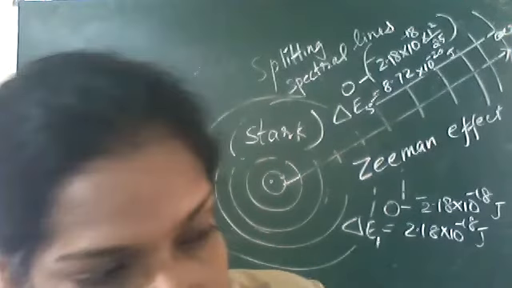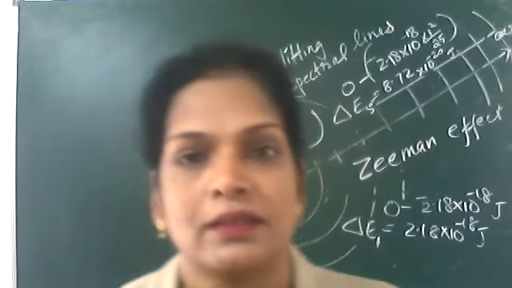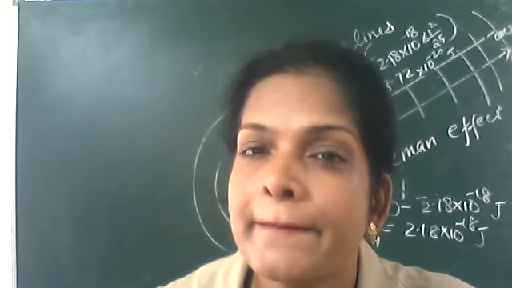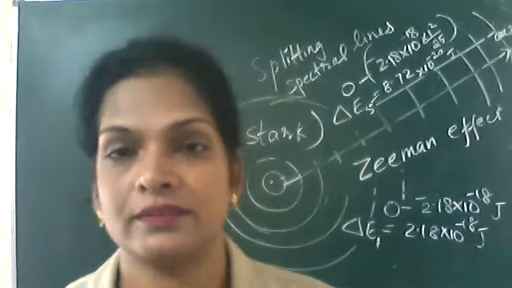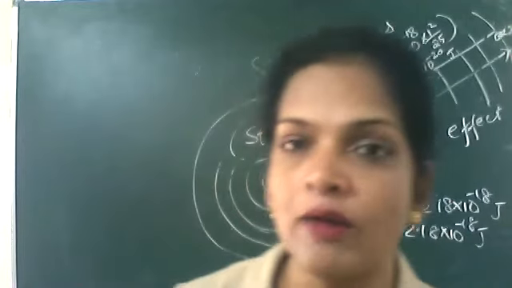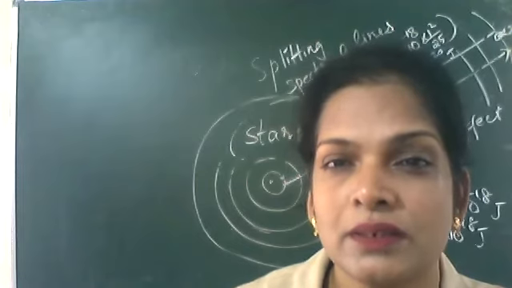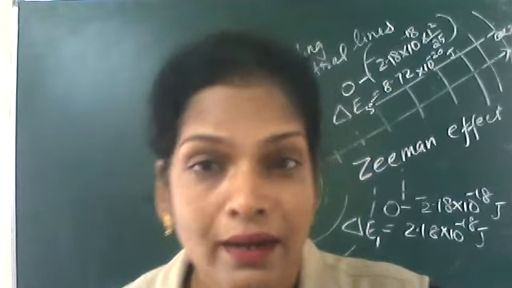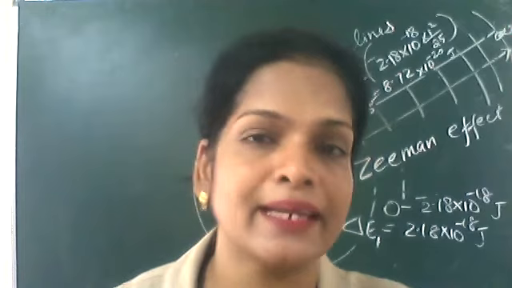What is Zeeman effect? It is related to magnetic field, when the lines split due to the magnetic effect. Splitting of spectral lines in magnetic field.